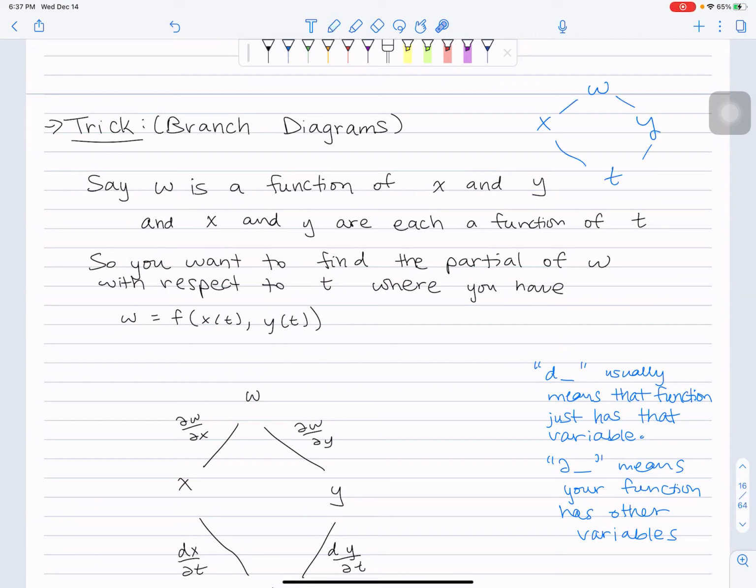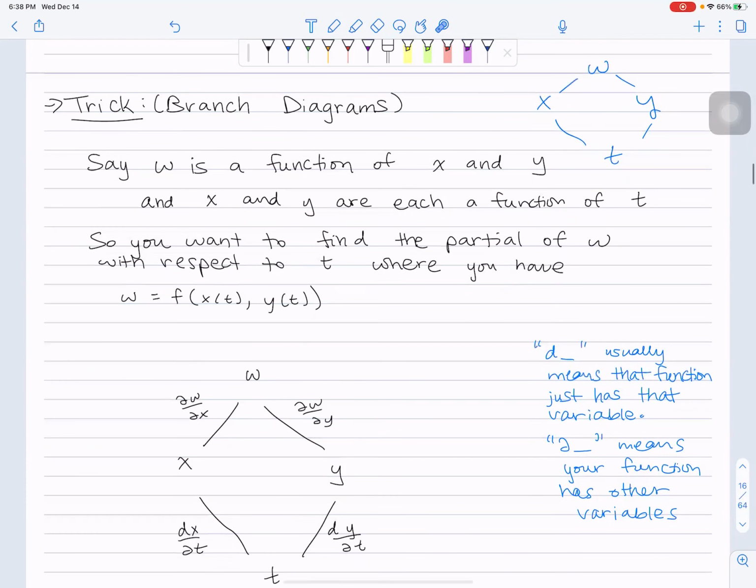Then what is the partial of w with respect to t? One way to do it is draw this diagram as I just drew, where you see w, and what is w a function of, x and y. What are x and y functions of? They're both functions of t. And so I get this branch diagram.